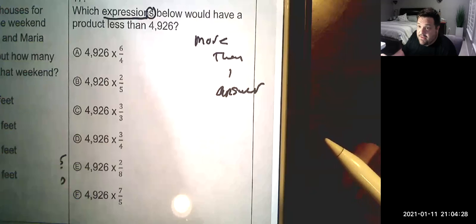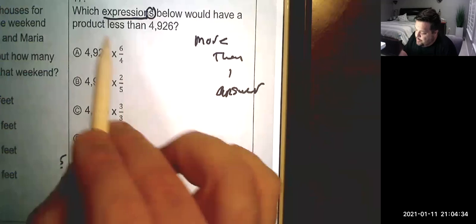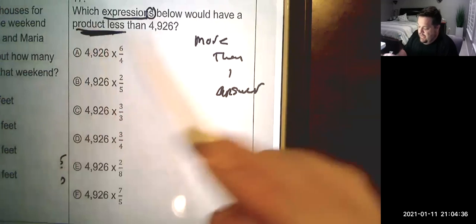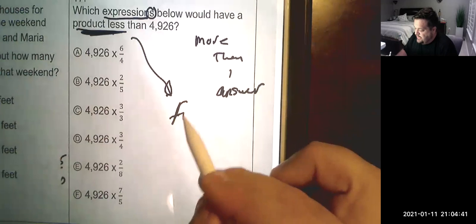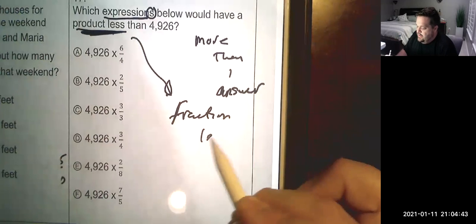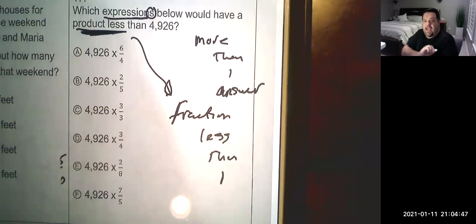We miss that a lot. You guys pick one and then you stop. There's more than one answer. Don't do it. And we need to know a product that is less. So if it's less, we need to look for fractions less than 1. Anytime there's a fraction less than 1, that's going to be one of the answers, right?